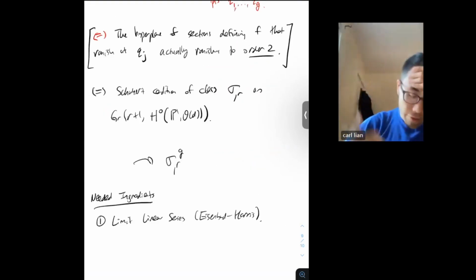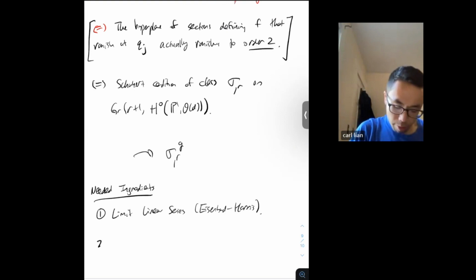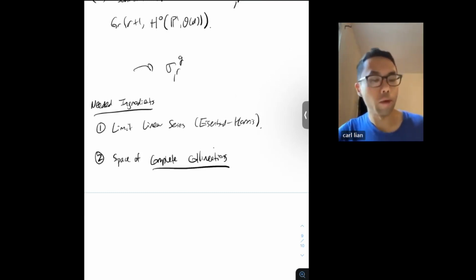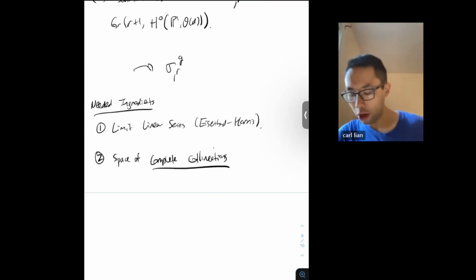And so the beautiful thing that fixes all these issues simultaneously is what's called the space of complete collineations. And this is what's actually the engine that's allowing you to avoid all these Gromov-Witten contributions.